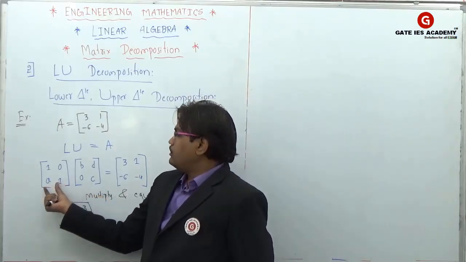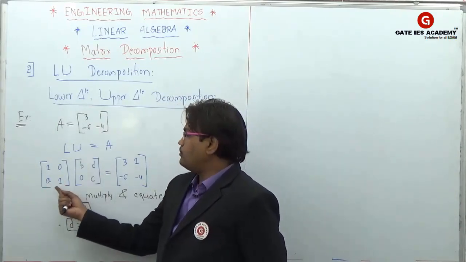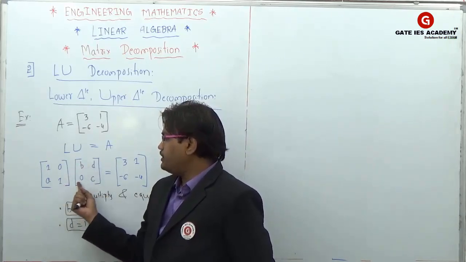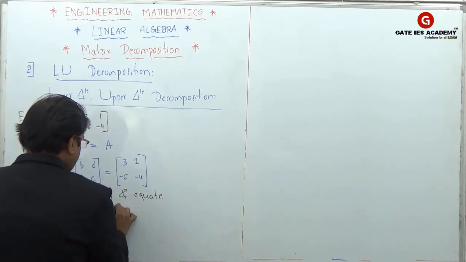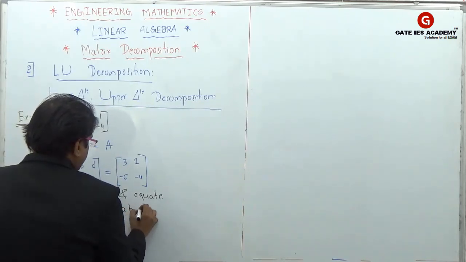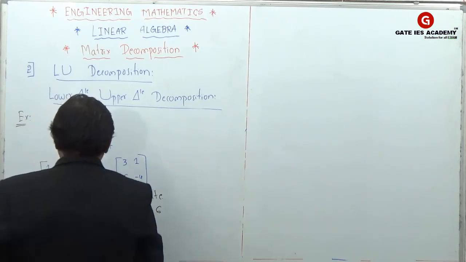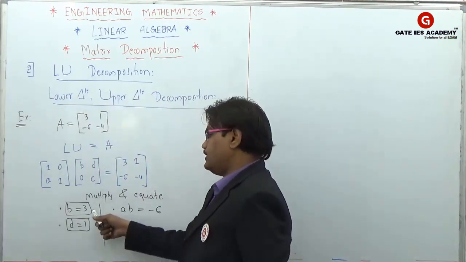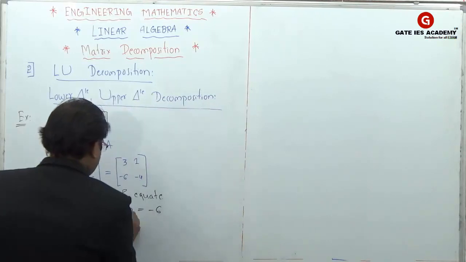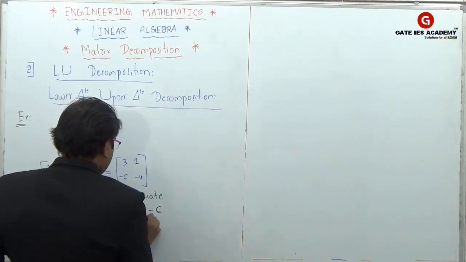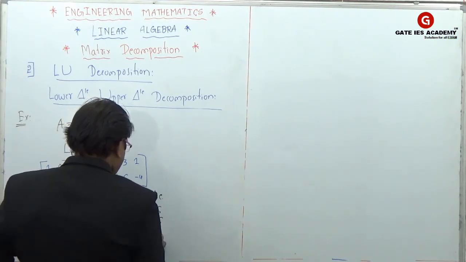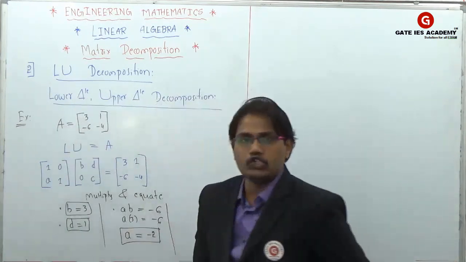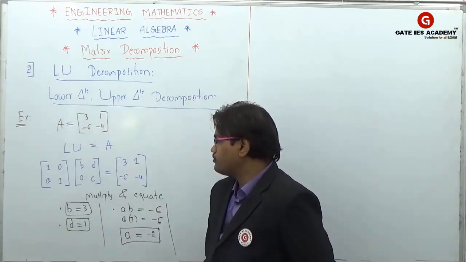Then second row, first column, that is AB equals to minus 6. But B is already known, that is 3. So A into 3 equals to minus 6, therefore A equals to minus 2.